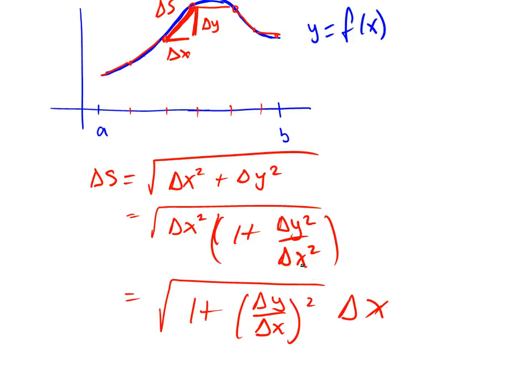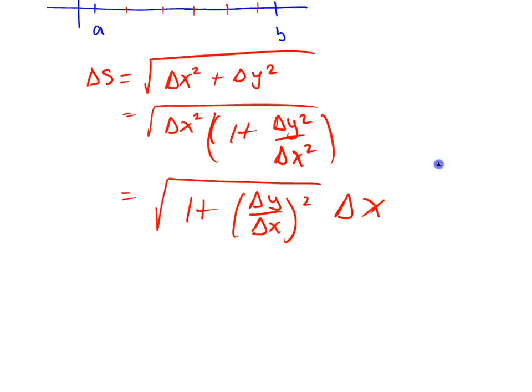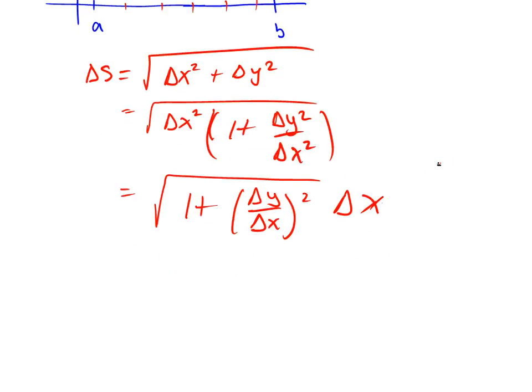But now I'm looking at something here of a change in y over change in x, and I want to take the limit as delta x goes to 0, or as n goes to infinity.